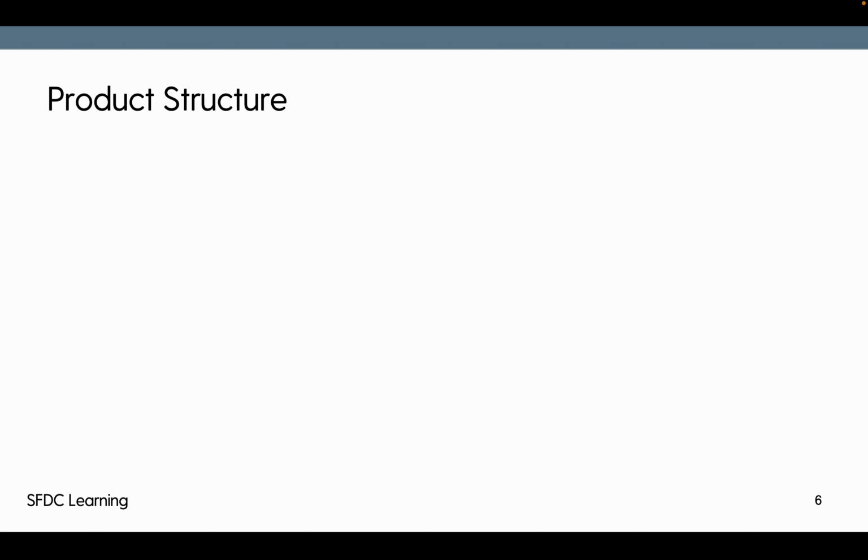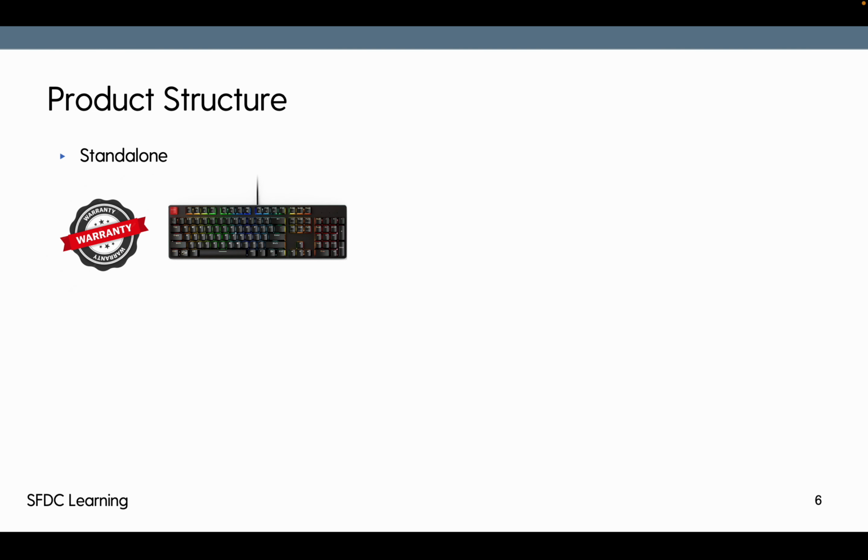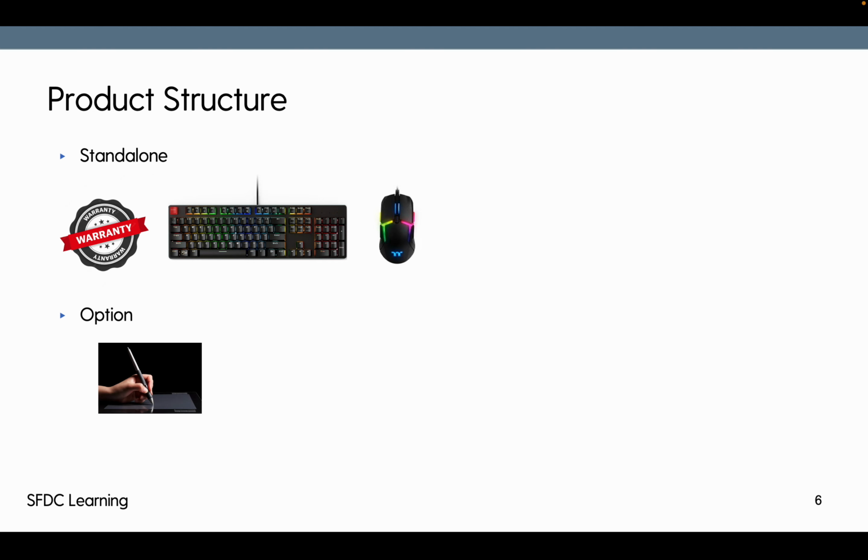Now let's see what the product structure looks like. Standalone products can be sold on their own. If you want to purchase warranty, you can purchase it. If you want to purchase keyboard or mouse individually, you can purchase it. That is what is called standalone. In case of option, let's say we want to purchase a light pen, but light pen is only available with a laptop, right?